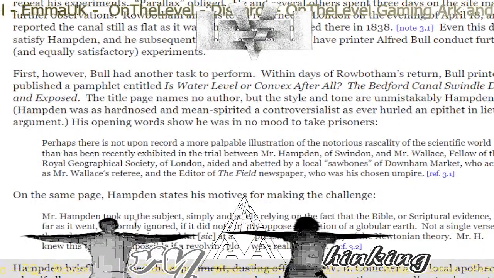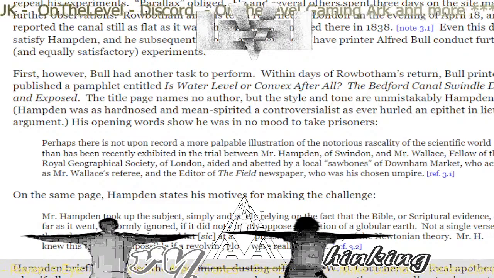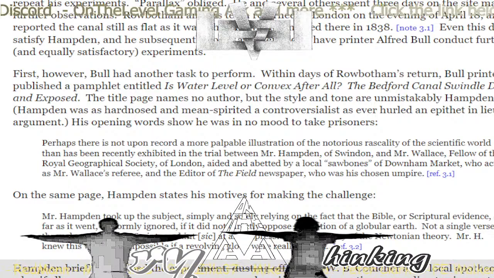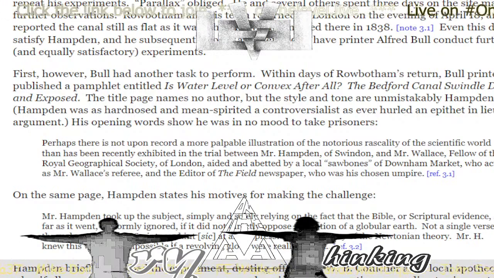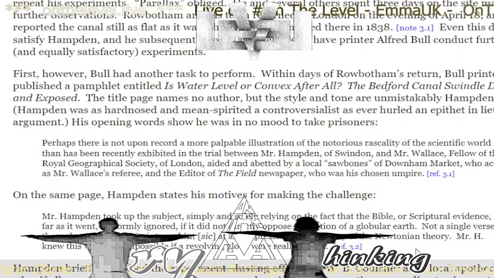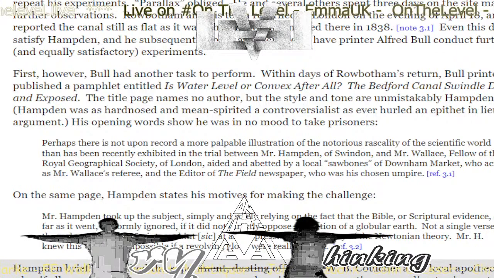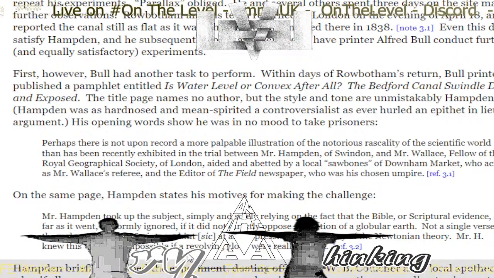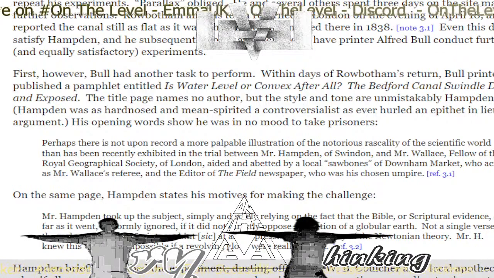"Mr. Hampton took up the subject simply and solely relying on the fact that the Bible or scriptural evidence, as far as it went, uniformly ignored if it did not directly oppose the notion of a globular earth. Not a single verse throughout the whole scriptures hints at any conformity to the Newtonian theory. Mr. H knew this would be impossible if a revolving globe were really a fact."